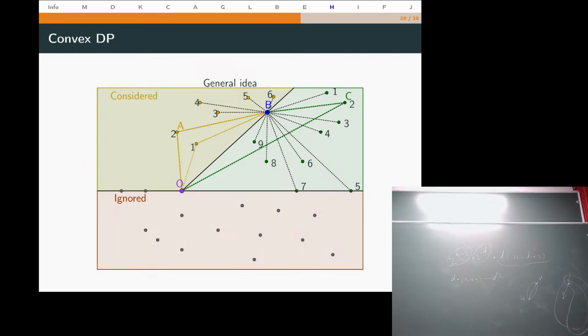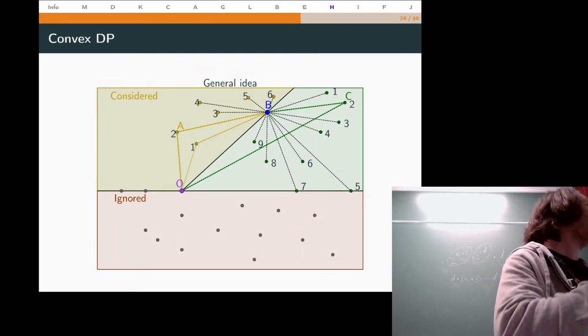After that, we discard the points that go below it, and we sort all the remaining points by the polar angle around the point O, and then our state is like we maintain, for example, this point, and also we care about the previous and the next edges that connect into the dynamic programming.